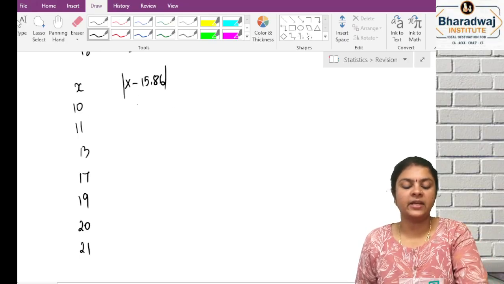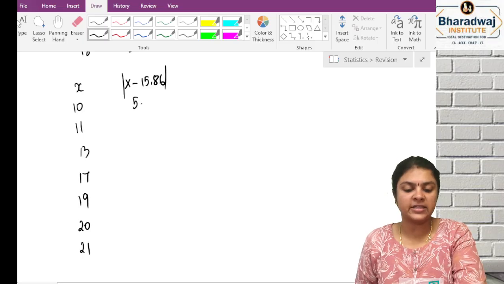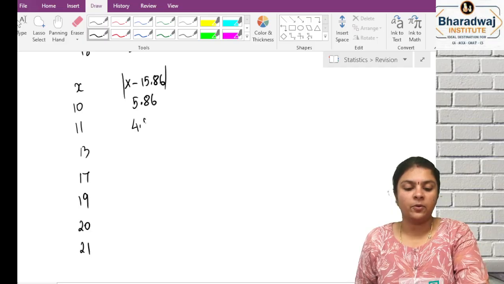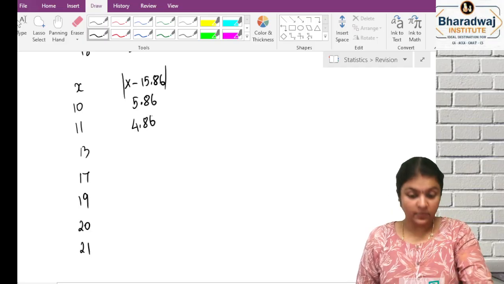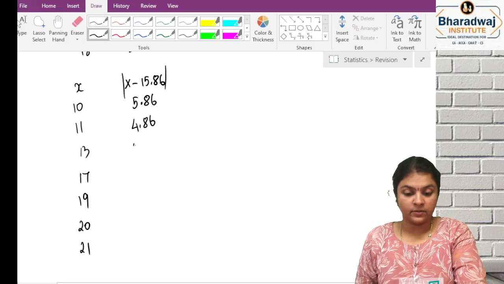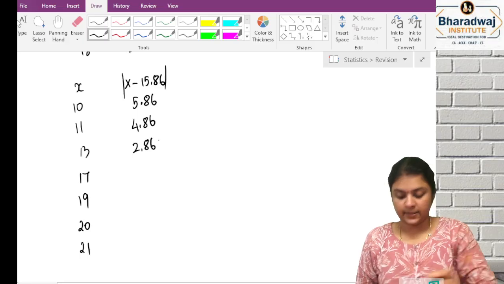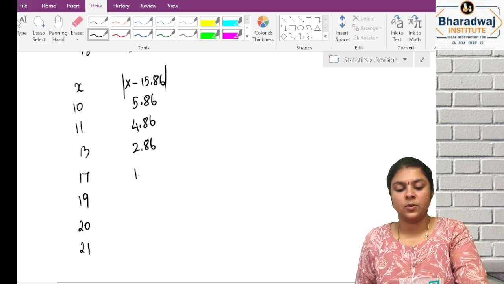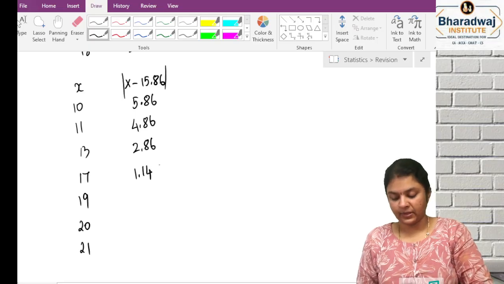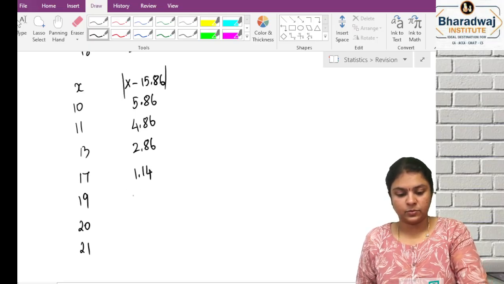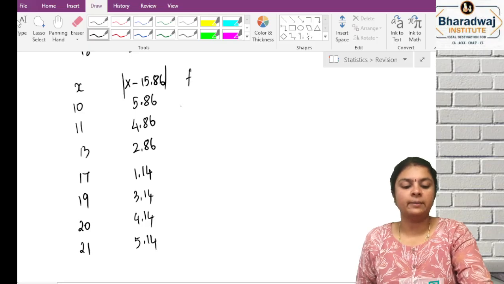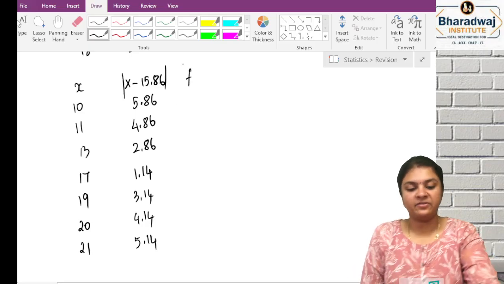So x minus 15.86 within the modulus. 10 minus 15.86 is minus 5.86, but we ignore the sign. Then this is 4.86, 2.86, 17 minus 15.86 is 1.14, 3.14, 4.14 and 5.14. Now you multiply this with f, we don't have f here, okay?